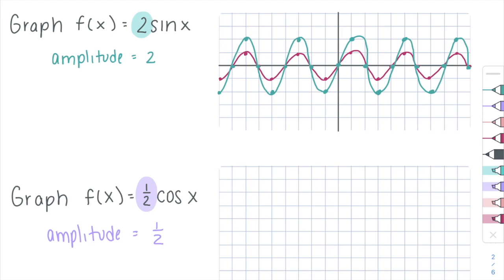When I'm graphing this, same thing, it's a cosine graph, so I'm going to draw in my cosine function, and then I'm going to transform it to get my new function. So cosine, I know, starts up at 1, and then goes to 0, -1. So I'm just going to draw in my pattern for my cosine function so that I have these points to transform.